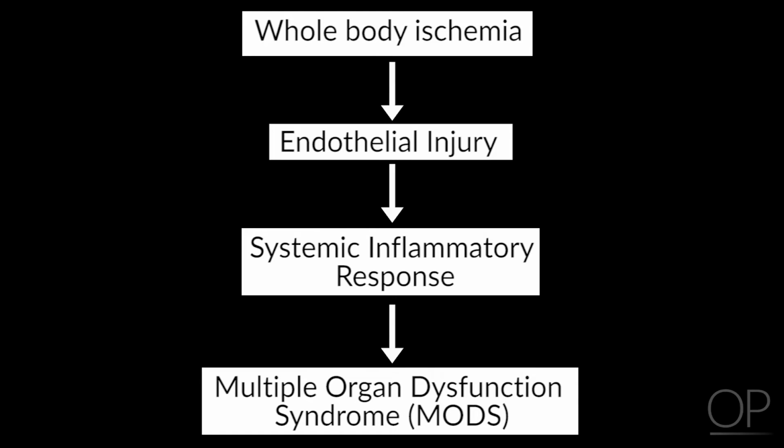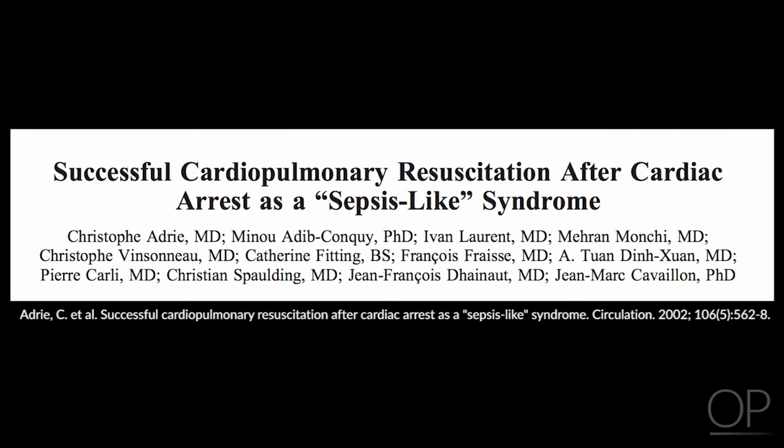Many of the biochemical features that we see in the post-cardiac arrest state are very similar, some of them even identical, to what is seen in the multiple organ dysfunction syndrome seen with sepsis. This is a relatively small study, but still a study that illustrates these similarities between sepsis and the post-cardiac arrest syndrome physiologic state.